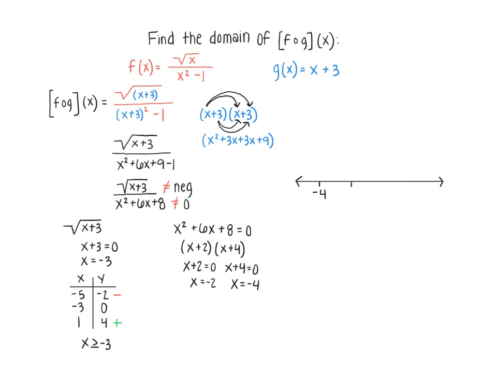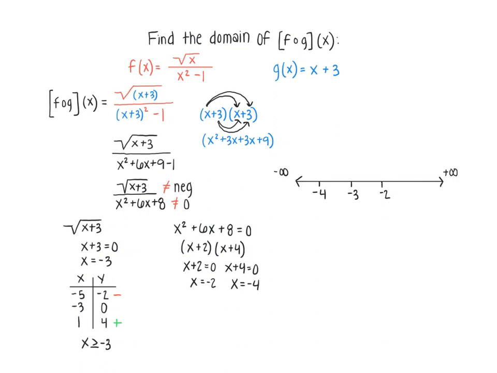We found negative 3 as one of our x values. And we found negative 2 as one of our x values. And then, of course, as you go towards the right, you're headed in the positive direction, and as you go towards the left, you're headed in the negative direction. So I'm going to write that out as infinity. If we go this way, we're headed to negative infinity, and if we go this way, we're headed to positive infinity.